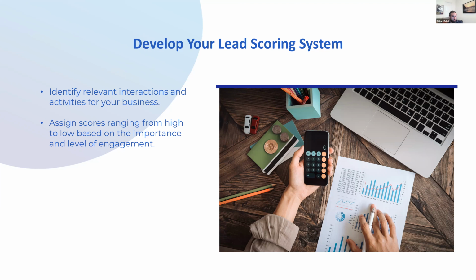Or it could be the other way around. Filling out a demo form, signing up, from high to low. So identify these and then go ahead and score them. And don't worry, you're not getting it right the first time. This could be a work in progress. After a month or two, you can look at the leads and you can say, oh, Michelle actually spoke to my team. She has a score of 90. That's a good scoring model.